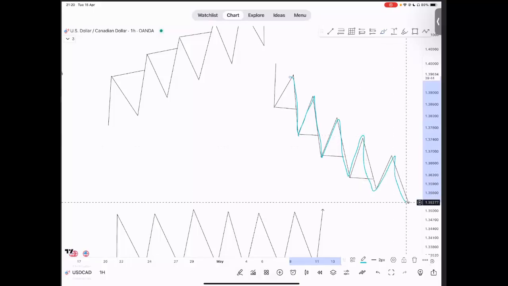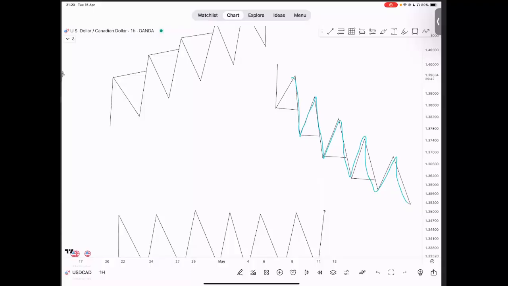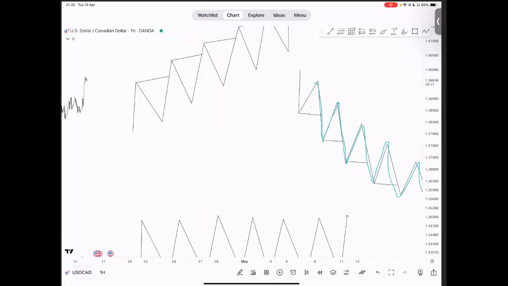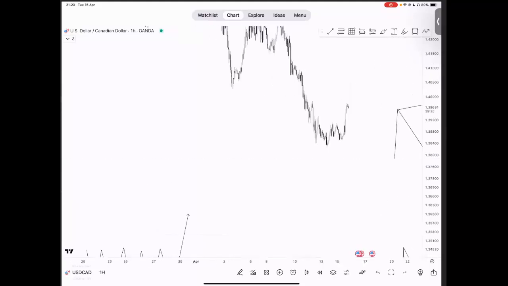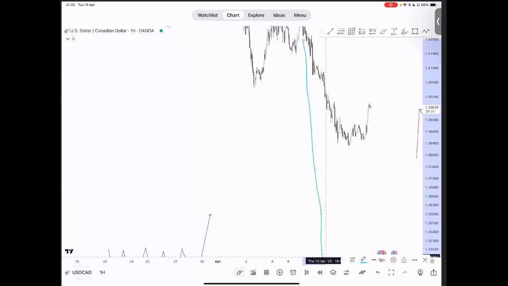So you realize that at the end of the day, in all of these market structures, there's always a pullback for market balance. Do you understand? There will always be a pullback for market balance. You will never see a particular pair fall like this for eternity without the other side having an opportunity to speak or contribute. Okay?